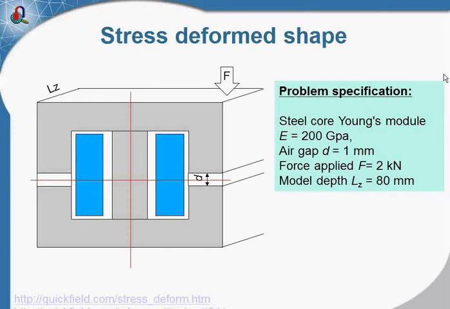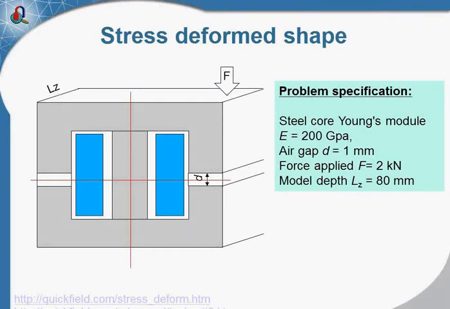Next tool I would like to show you is the StressDeform shape. Again, the same pulse transformer. And now the mechanical force is applied just above one of the legs of the transformer.